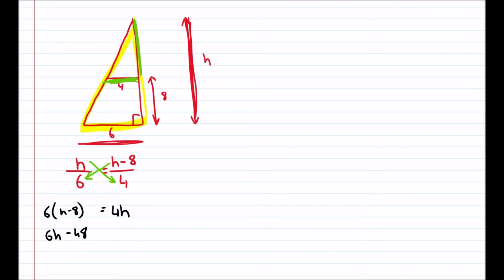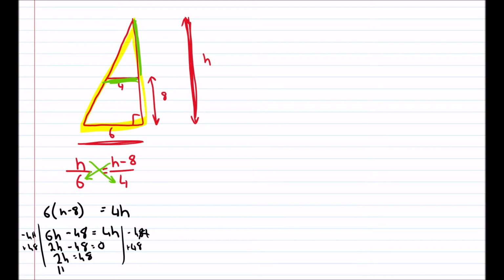So if I cross multiply, which is what I can do if I'm finding one unknown, cross multiplying, I do it this way, I get 4h. Do it this way, I get 6 multiplied by h minus 8, which is 6h minus 48 equals 4h.